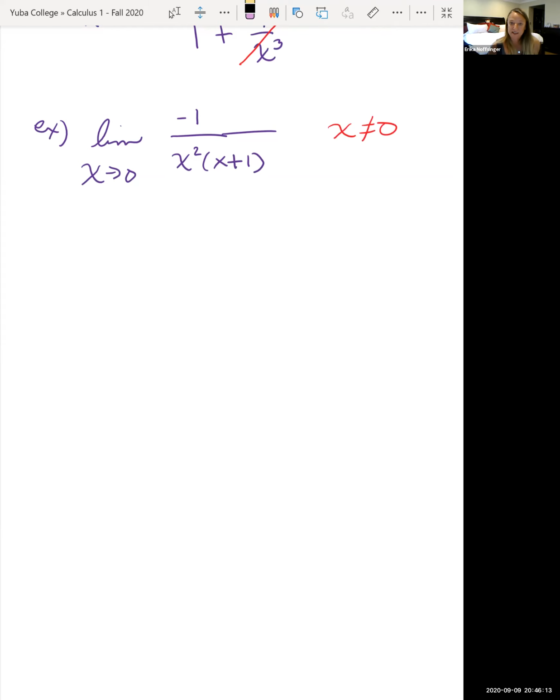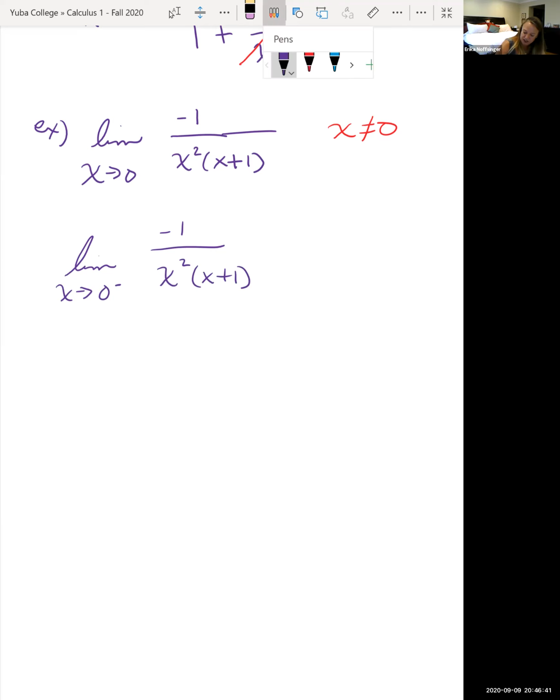And so we need to look at what's going on on the left-hand side and on the right-hand side. So let's look at the limit as x is approaching 0 on the left-hand side of negative 1 all over x squared times x plus 1. If x is approaching 0 on the left, I'm plugging in numbers where x is less than 0, close to 0, but less than 0.